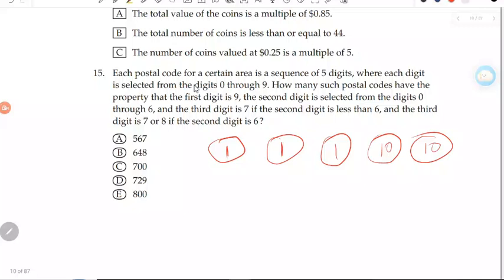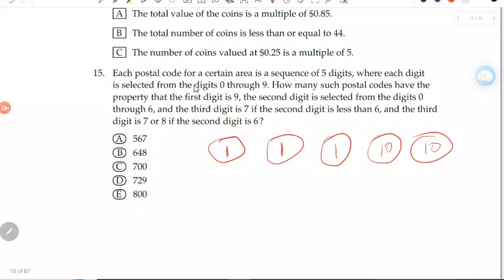The second digit is selected from the digits 0 through 6. And the third digit is 7. You don't necessarily need to put it the way it is said. What matters is you have to treat all the restrictions.